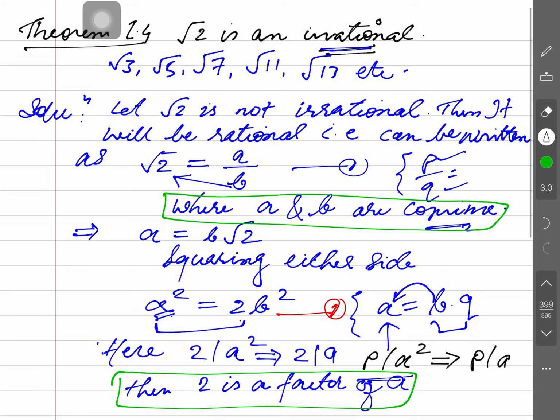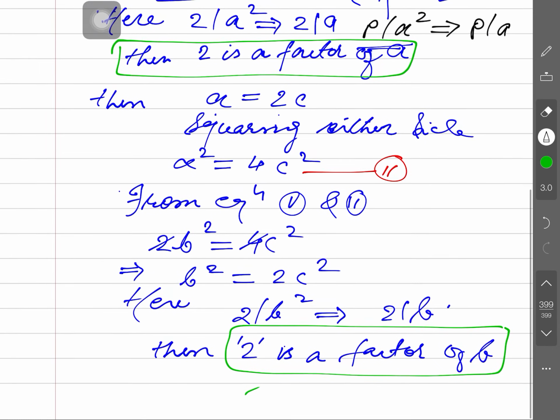So what this contradiction is approaching here is, already you supposed a and b are co-prime, no common factor lying between them, but here the factor appears. Is that clear? So what can we conclude here? We conclude that 2 is a factor of a as well as b.